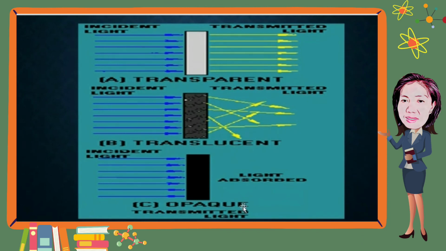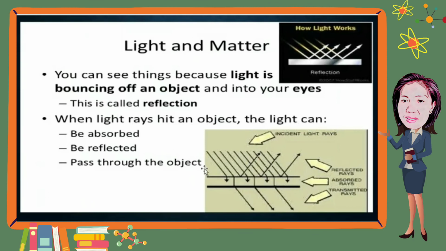Ganito ang mangyari sa mga light rays niya. Okay? Pag translucent. Pag opaque naman, usually yung mga object like wood, opaque na siya class, it will just absorb. Musulod lang siya diretso ang light sa isang object. Okay?